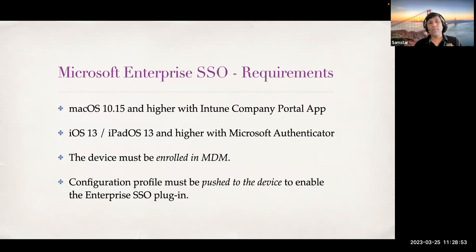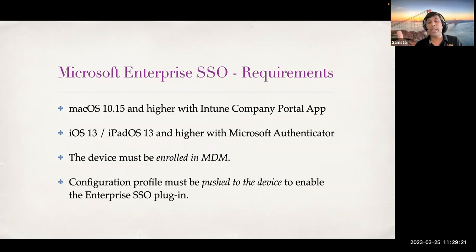Requirements. From a Mac point of view, macOS 10.15, that is Catalina, and higher is still supported by Microsoft Enterprise SSO. Although Microsoft does not support Catalina anymore with Office products, this extension still supports 10.15 and higher macOS.